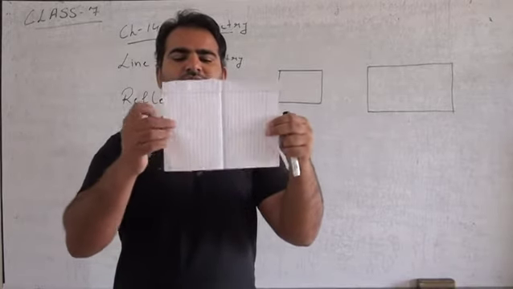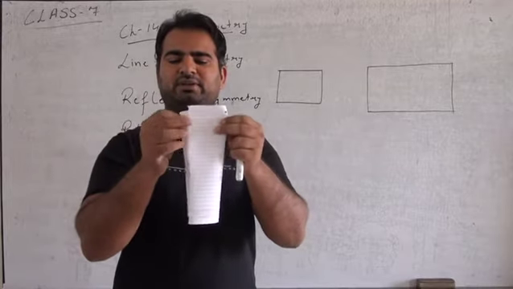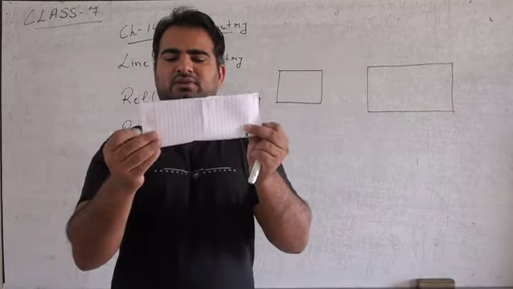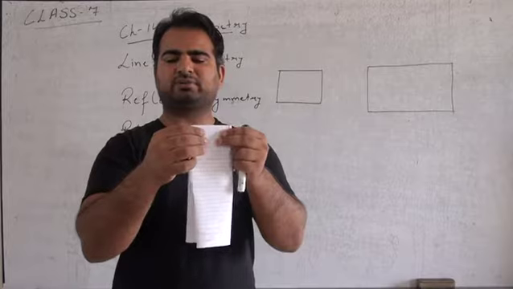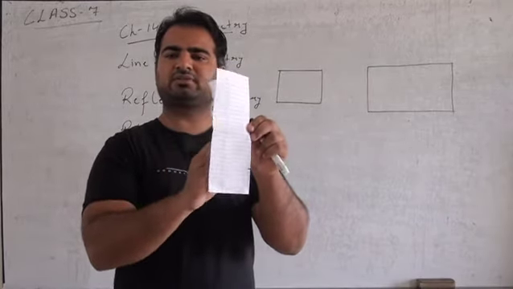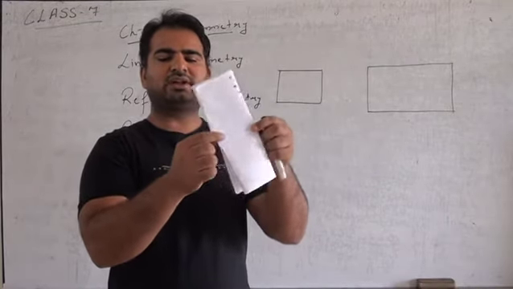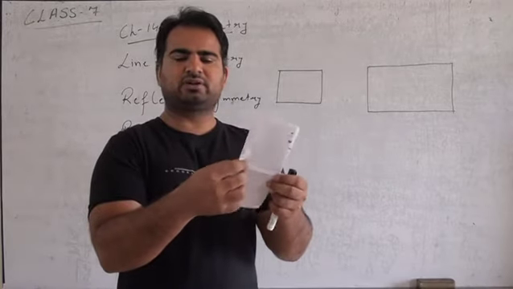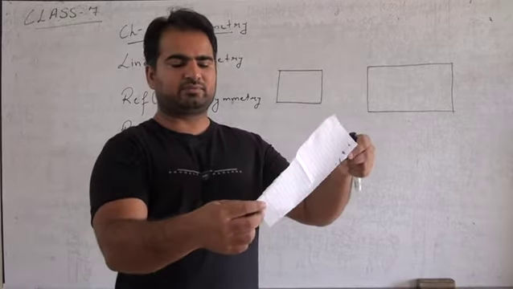No, we can fold it like this also. It will overlap each other. If we fold it like this, then it will overlap the other part. Done? It is overlapping each other? Yes or no? So a rectangle has two lines of symmetry. But what if we fold it by its diagonal?